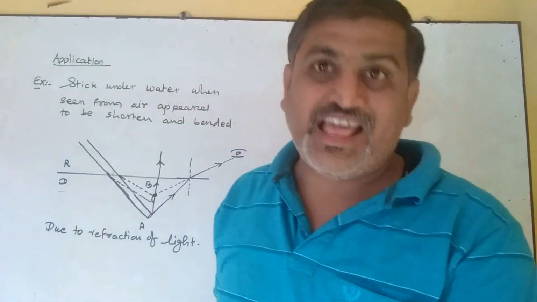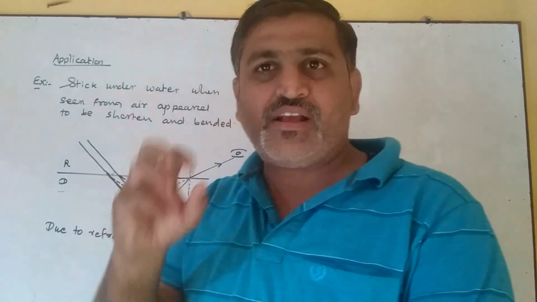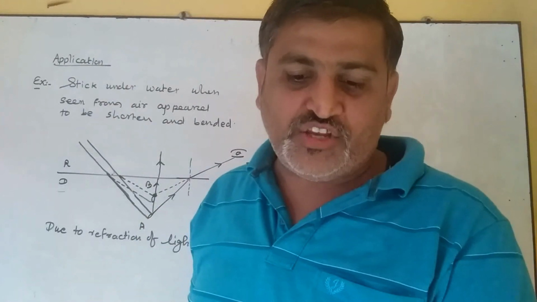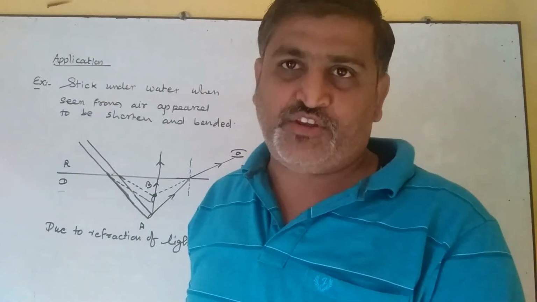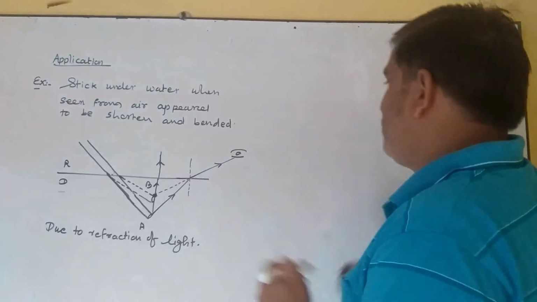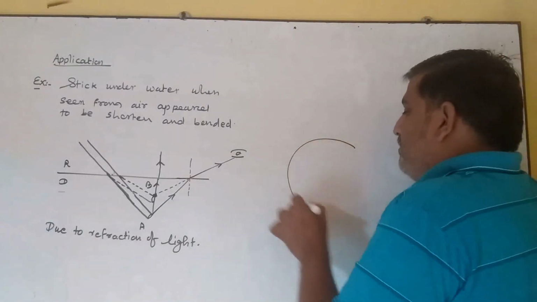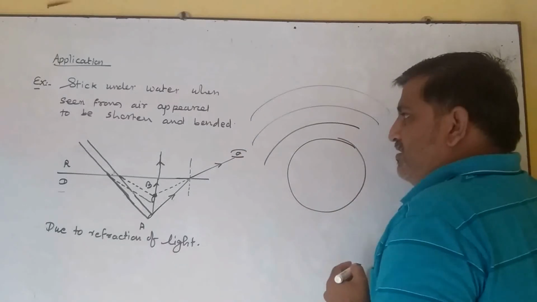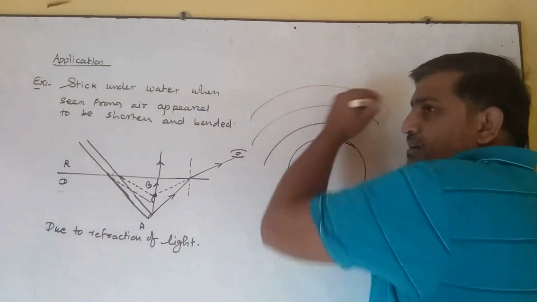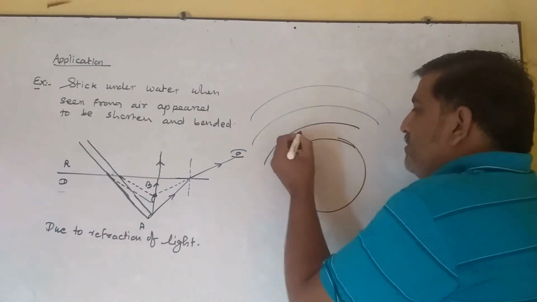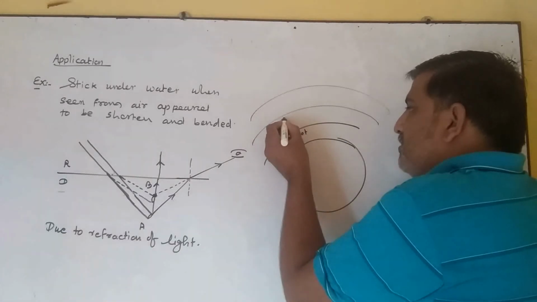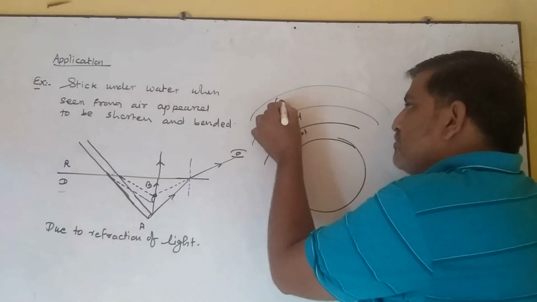Stars appear twinkling in the sky due to change in refractive index of air with temperature. As the temperature of the air changes... We know that there is an atmosphere above the earth and layers of air are there. This air is very hot, then this air is a little mild, then this one is cool, say.